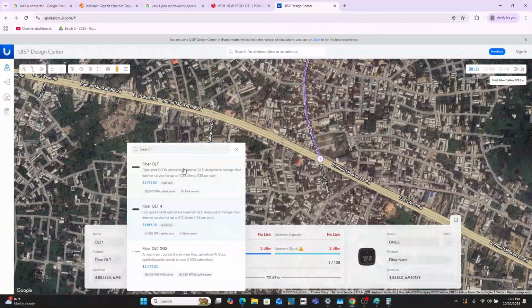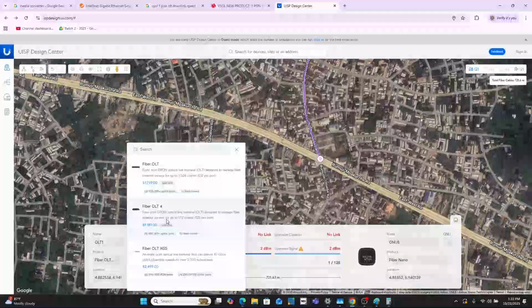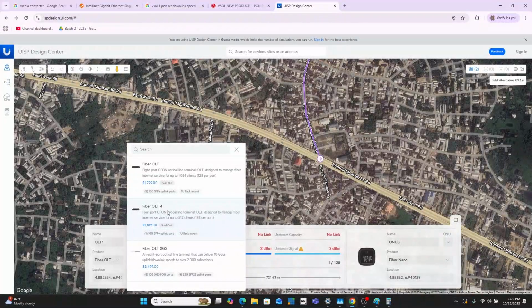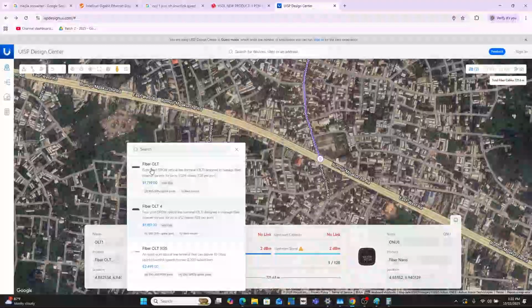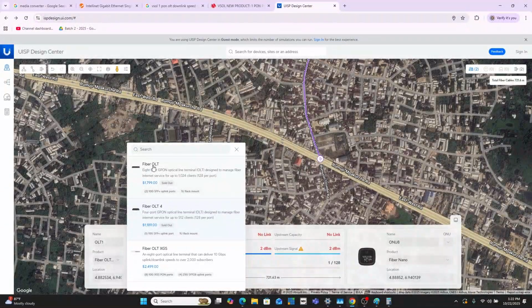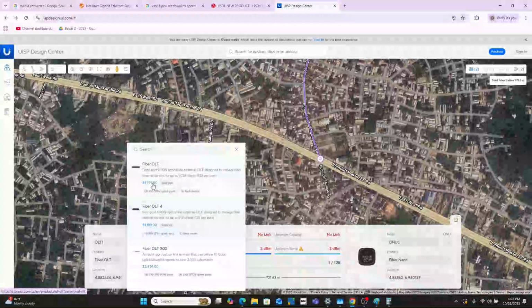If you notice, the fiber OLT4 has only 4 PON ports, while the fiber OLT has what? 8 PON ports. What does that mean? If you go and buy this device, you can even see the cost, $1,799 for 8 ports.